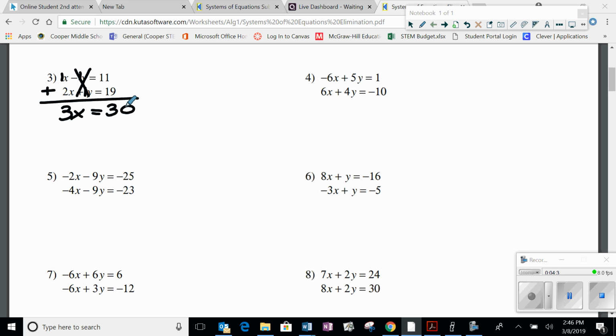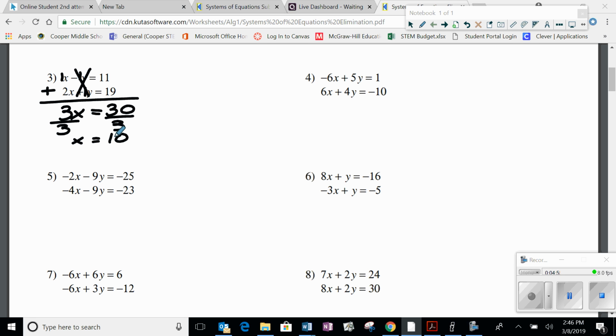Now it becomes a one-step equation so that we can solve for x by dividing by 3, and we get x equals 10. We have to go back and solve for y. You can either use the first one or the second one, doesn't matter. I usually use the first one just to keep a habit, but it doesn't matter.